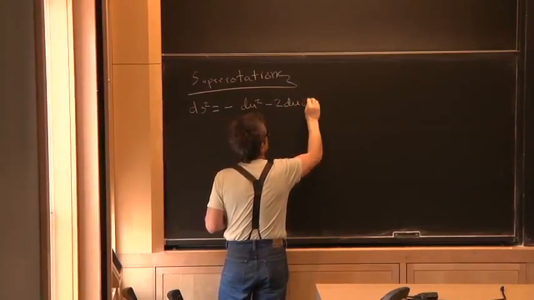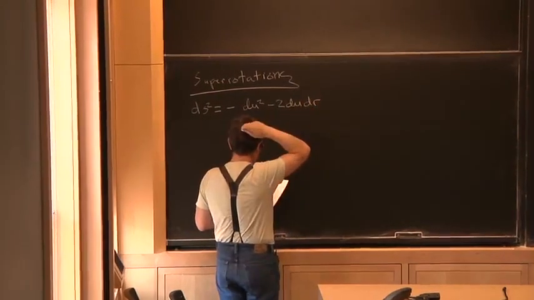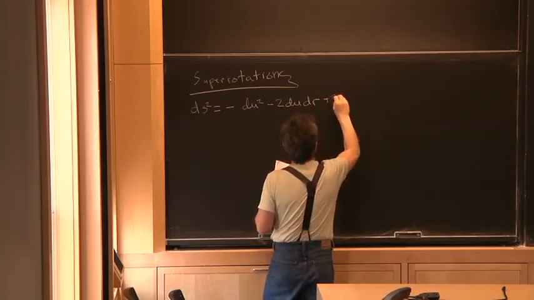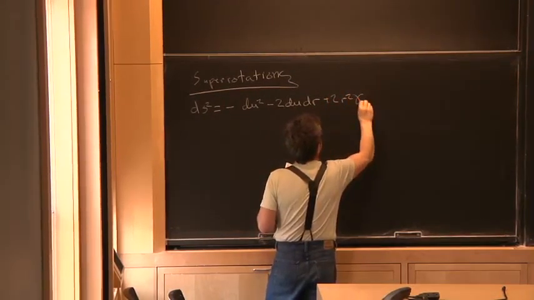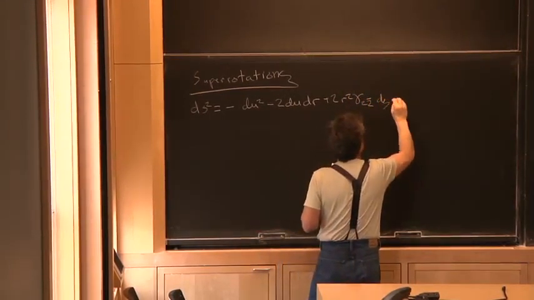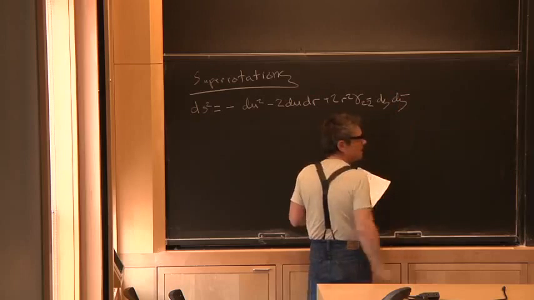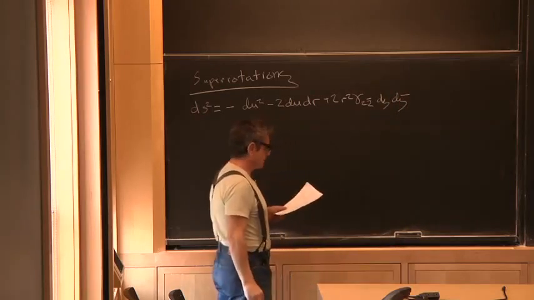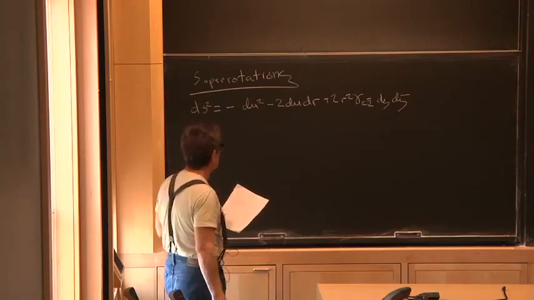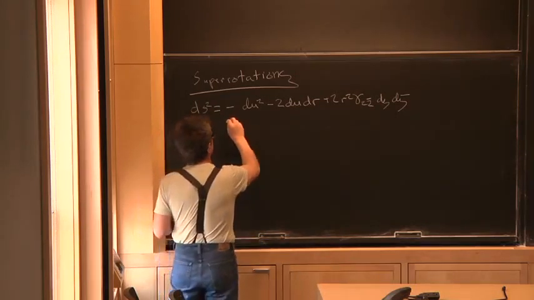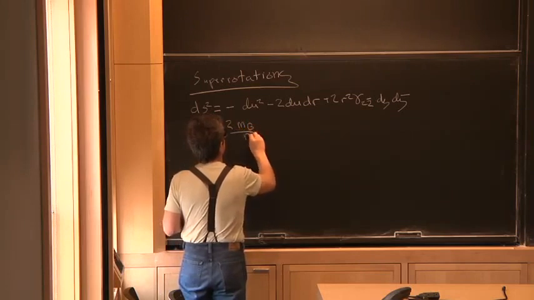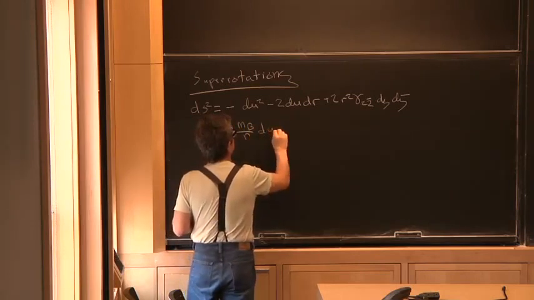One has just these terms: minus 2 du dr plus 2 r squared gamma z zbar dz dzbar. These terms are just the flat Minkowski metric. And then we come to the corrections, which are 2 m Bondi over r du squared.